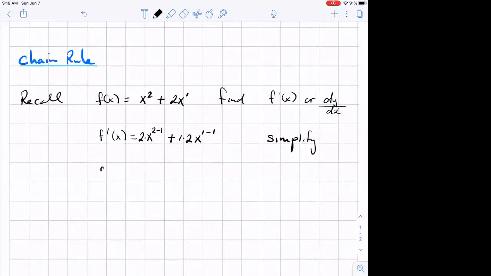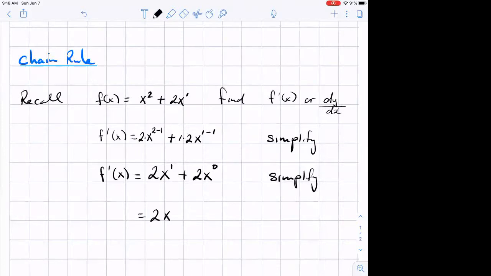So f prime of x is equal to 2x to the first power plus 2 times x to the 0 power. And if we simplify again, x to the 0 we know is 1. So we end up with 2x plus 2. Recall, anything to the 0 power is equal to 1. So 2 times 1 is 2. So this is f prime of x.